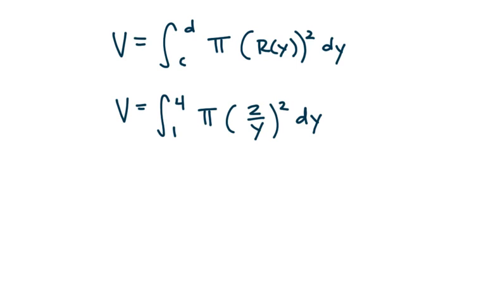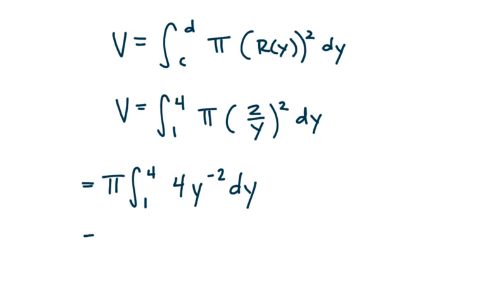In order to integrate this, I'm going to pull my pi out in front. 2 squared is going to give me 4, and that's going to be y to the negative 2 dy, since y squared moves up to the numerator.